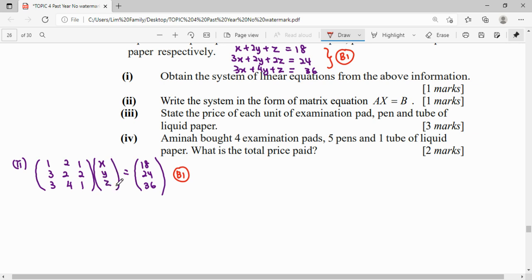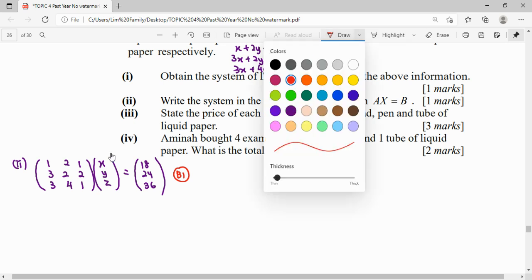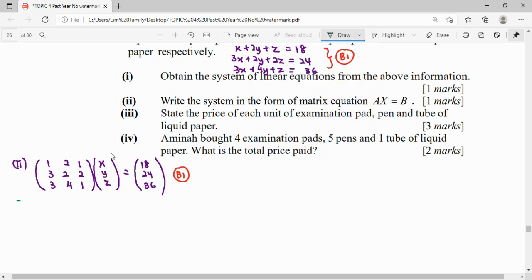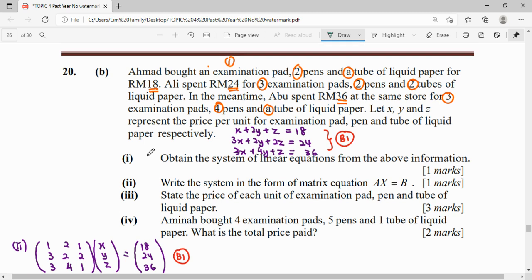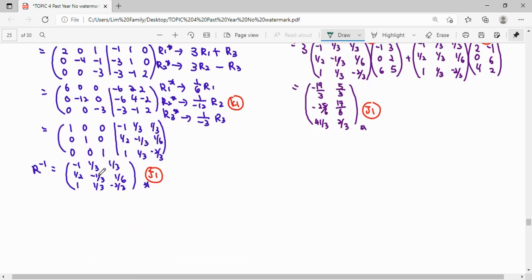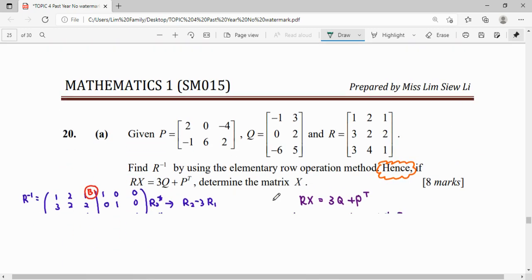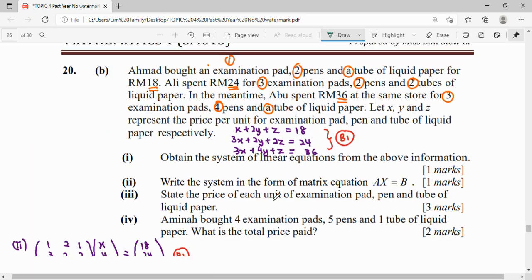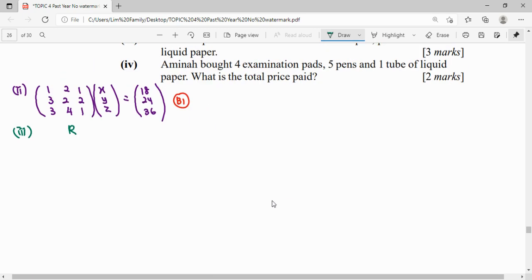So we have to find our unknown matrix X. For part 3, this matrix is the same as the matrix from question A, which is matrix R. So we can use the matrix R and its inverse to help us find it. It equals matrix R times X equals answer matrix B.